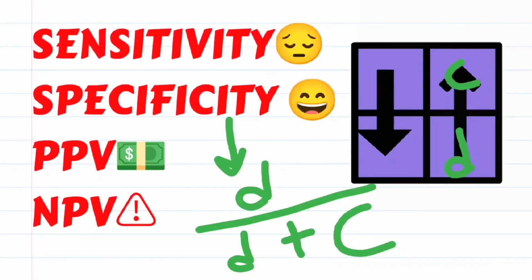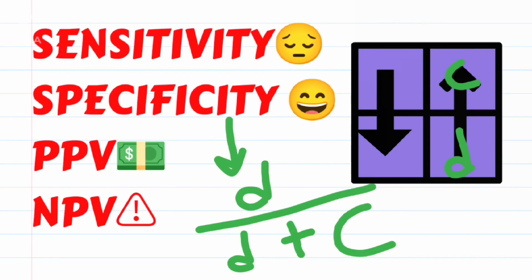Now in the same way, we can make the formula of specificity too. So we learned specificity as opposite of sensitivity. So sensitivity was something negative, so specificity will be something positive. So arrow pointing upwards means D is dragging C and D in the upward direction, in the positive direction.